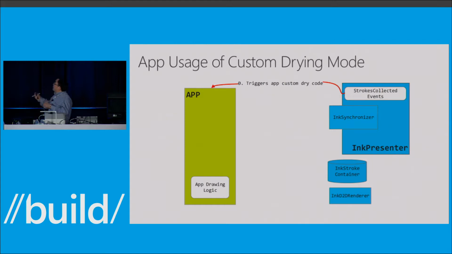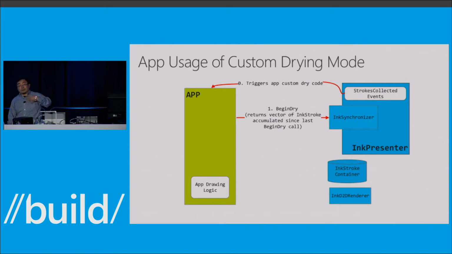First, you hook up with the StrokesCollected event, and this will trigger your application code to do the custom drawing. You call begin dry, and begin dry will return a vector of ink strokes. You, in turn, add those ink strokes to your InkStroke container.